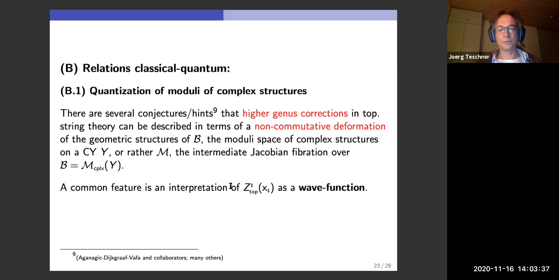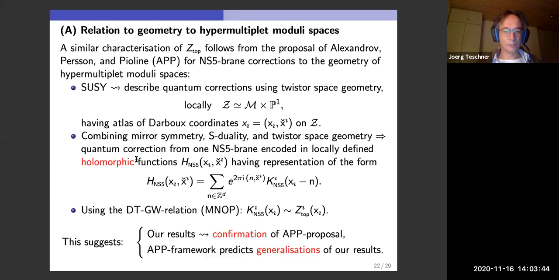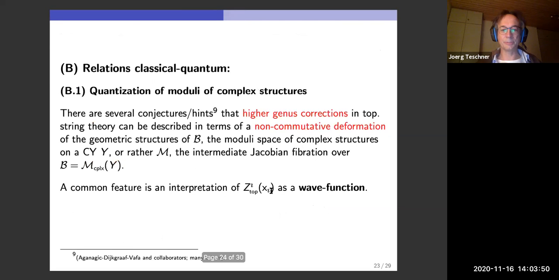And I want to argue that when you translate our description from this side to this side via the relation, this is exactly what comes out, namely a quantum theory interpretation of these objects.